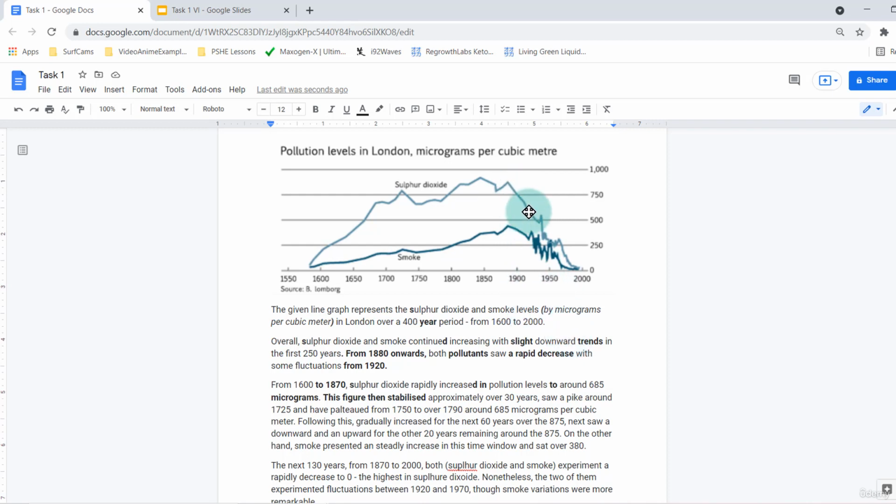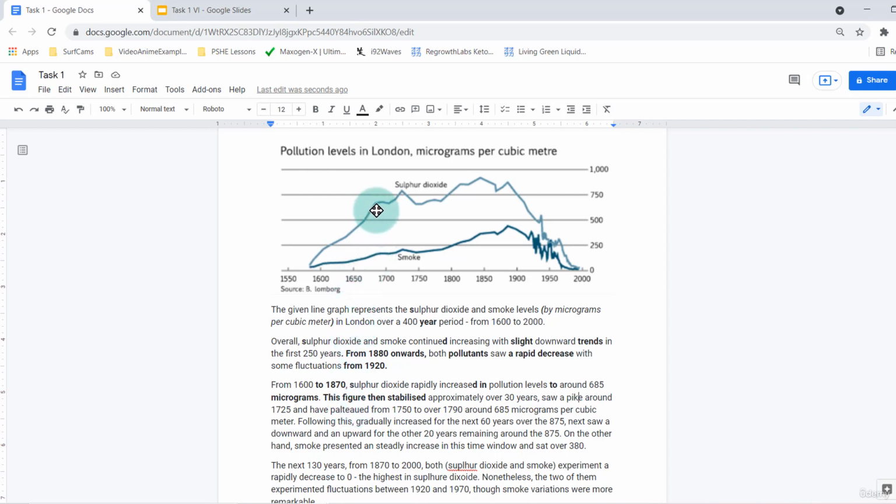So again, probably not really doing that. But let's see, where exactly are we? This figure then stabilized approximately over 30 years. So we're going from 16... I'm not sure what year we're talking about here. Saw a peak around 1725.